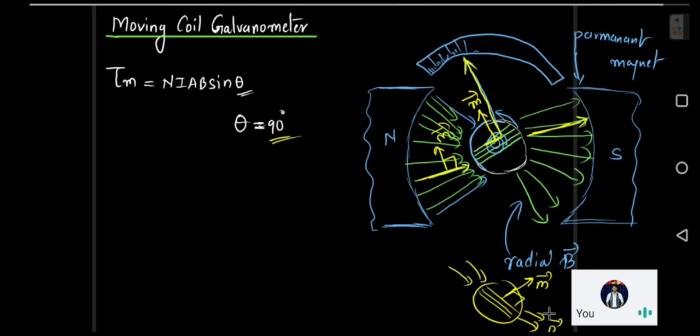So every time the coil moves, at each and every point, your magnetic dipole moment, that is the pointer direction, is always going to be perpendicular to the magnetic field vector. However it moves, however it rotates, at every single point the magnetic dipole moment is going to be perpendicular to the magnetic field vector.